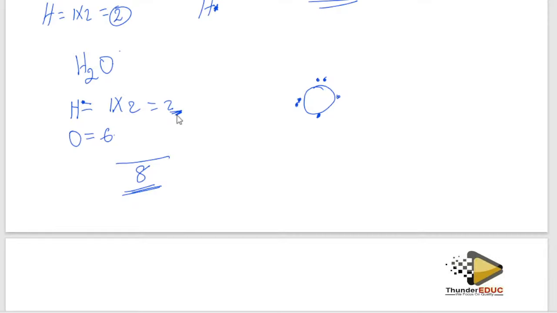But hydrogen, there are 2 of them, each hydrogen has 1, so I'm going to have a hydrogen here, and a hydrogen there. So I have 2 lone pairs, the electrons which are not involved in the bonding, but they are found in the outermost shell. Those are what we call the lone pairs.